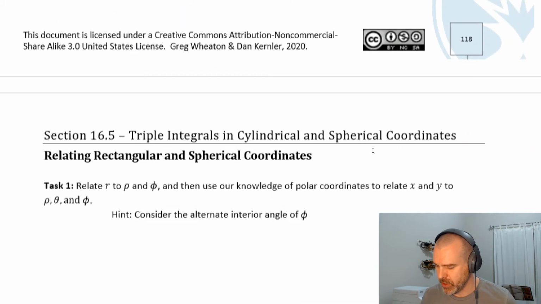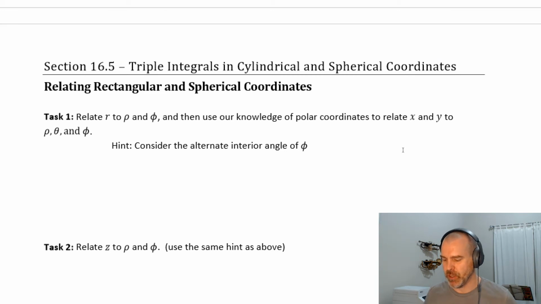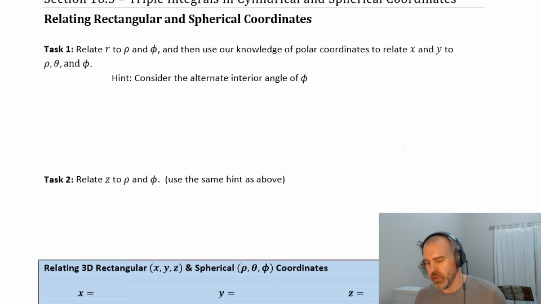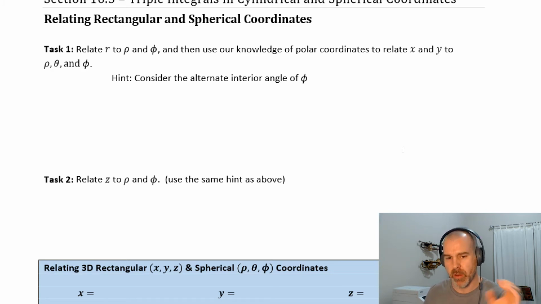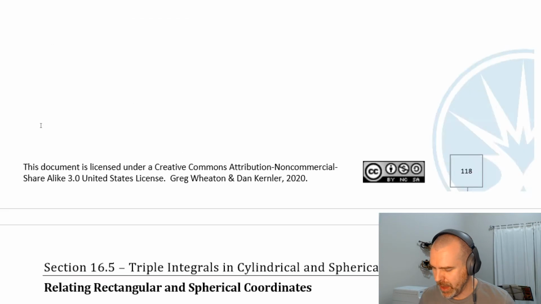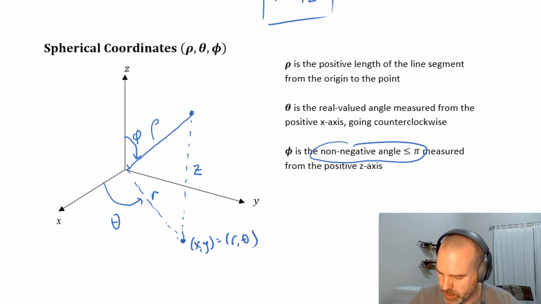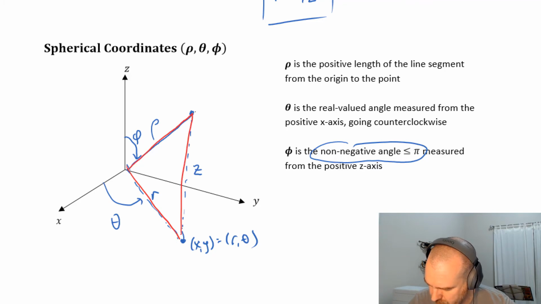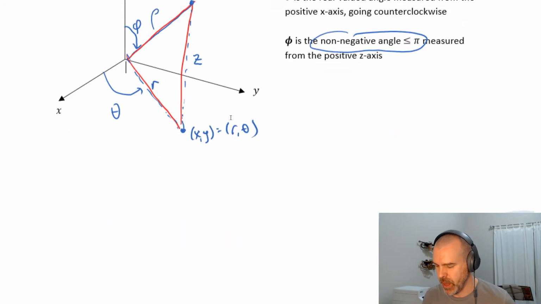Let's talk about relationships between the systems, rectangular and spherical coordinates, relating the two. So first, let's talk about relating r to rho and phi, and then use our relationship with r in polar coordinates to get the x and y. Let me go back up to the previous picture. I want to look at this right triangle right here.